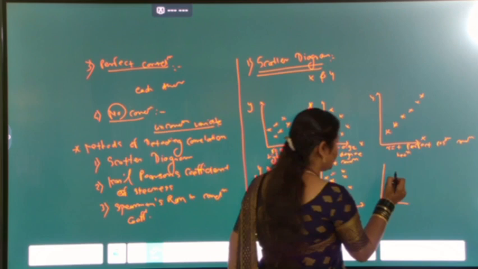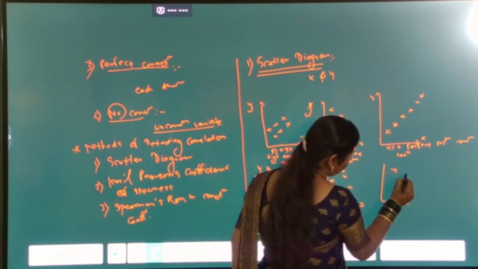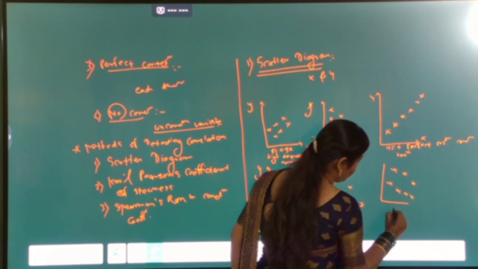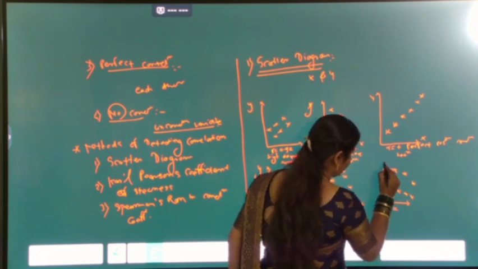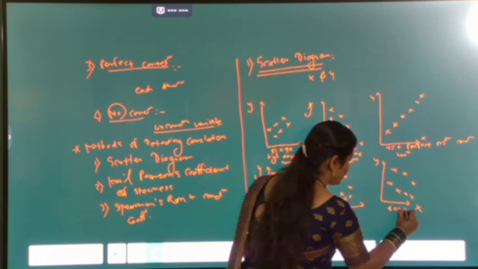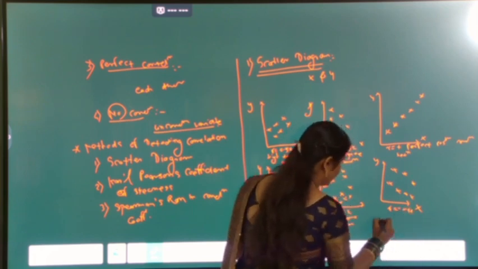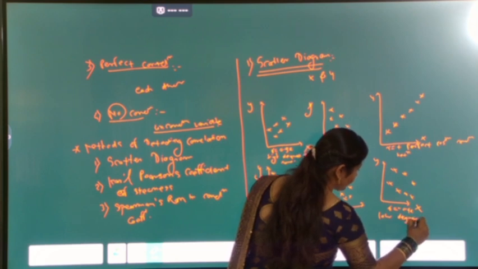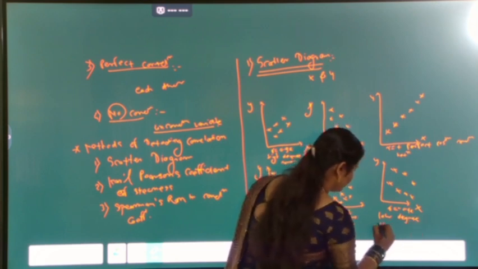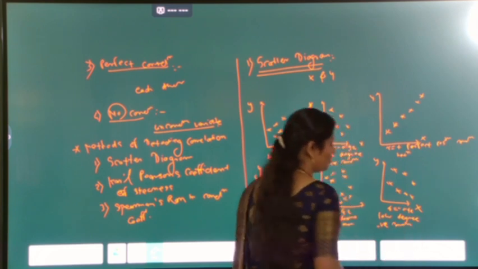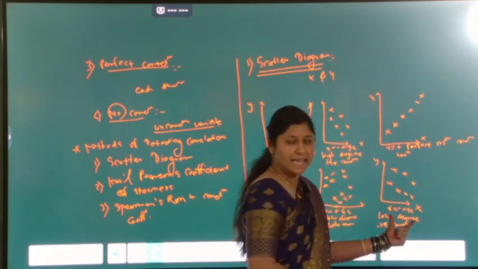Similarly, if r is equal to minus 0.42, there is low degree negative correlation between these two variables x and y.